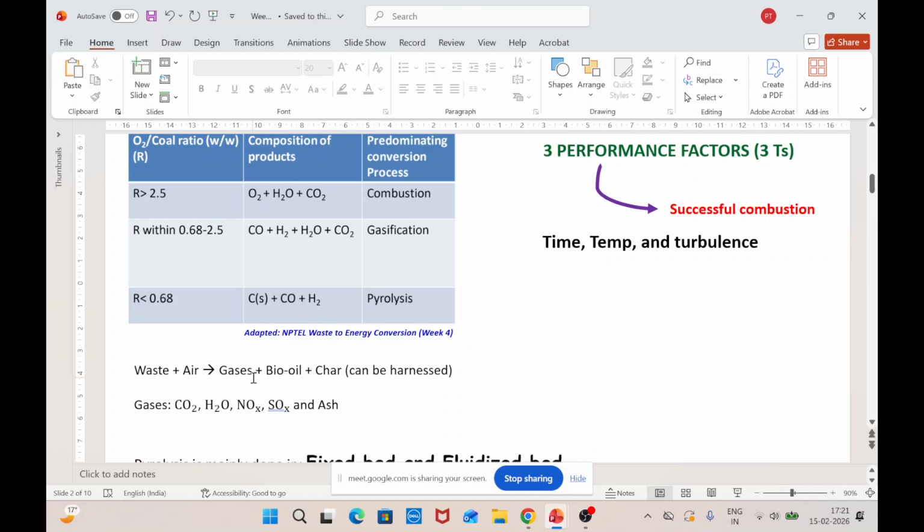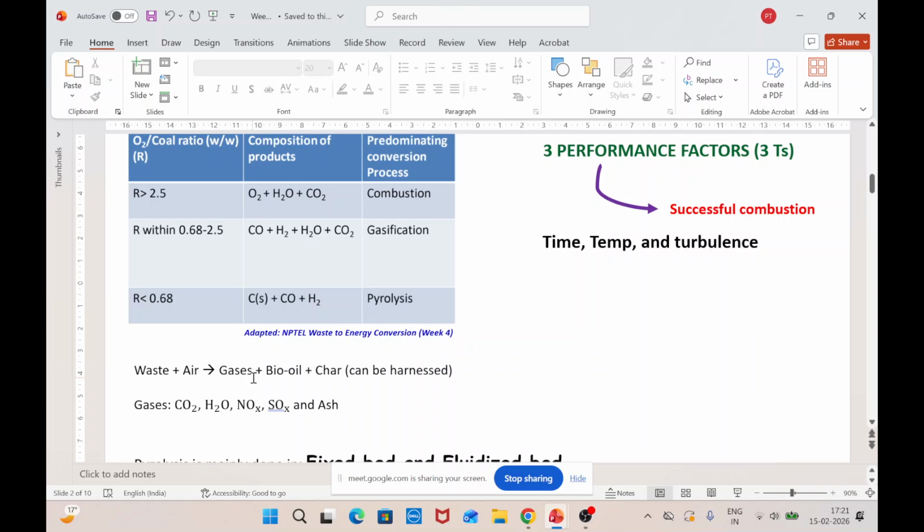Here, the majority of the process is typically dependent only upon the amount of heat that is supplied to the system. What actually happens is, initially you take the material and increase its temperature, and it undergoes first drying.